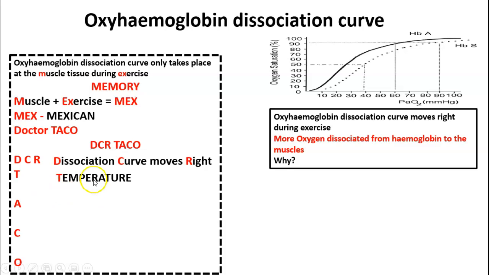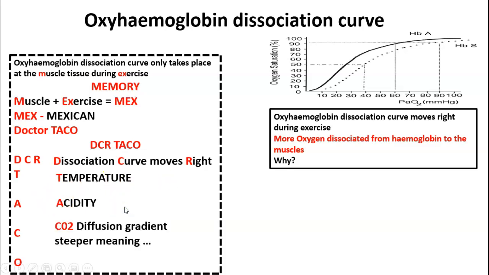So we have an increase in blood temperature, an increase in blood acidity, a carbon dioxide diffusion gradient that is steeper, and an oxygen diffusion gradient that is steeper. All four of these mean that oxy-haemoglobin dissociation is increased during exercise. So more oxygen goes into the muscle cell when we need it, which means we can perform for longer.